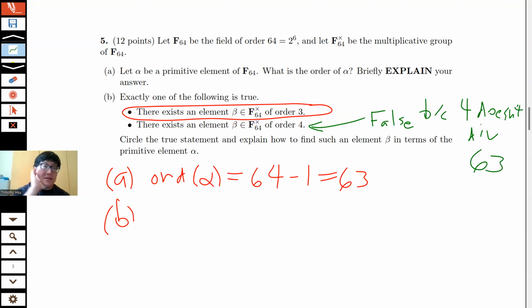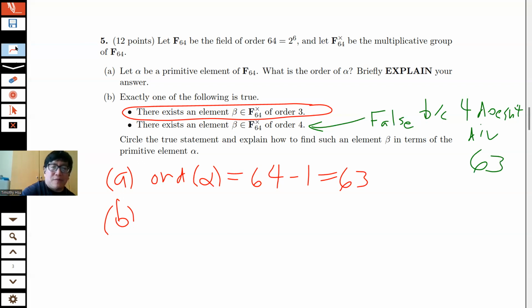Right, so the orders of elements of the multiplicative group of a finite field are exactly the divisors of q minus 1. It's another one of the strange minus ones that shows up in chapter 7 or 8 that are kind of annoying. Anyway, so circle the true statement.